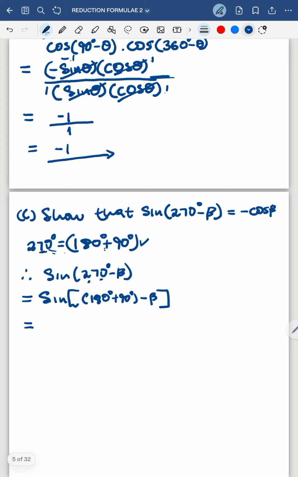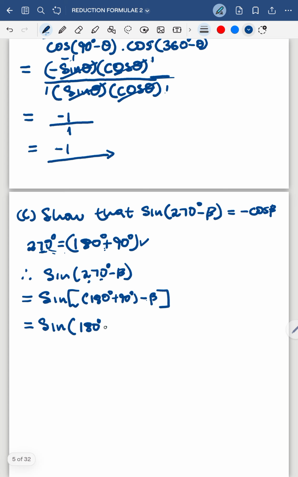So let's remove the brackets. Or else, let's not remove the brackets.